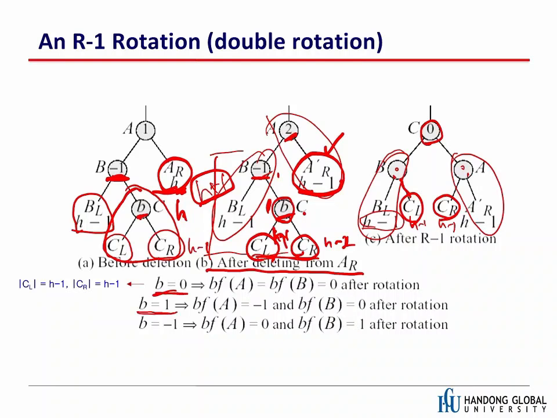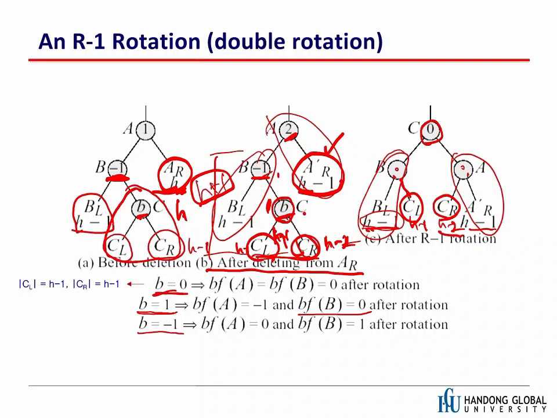So if B is 1, then CL should have H minus 1 and CR should have H minus 2. There is no other option. Then this is H minus 1 and this one is H minus 2. Then BF of B is 0, because we have the same height. And then BF of A is minus 1, because this one is H minus 2 and this one is H minus 1. So BF of A should be minus 1.